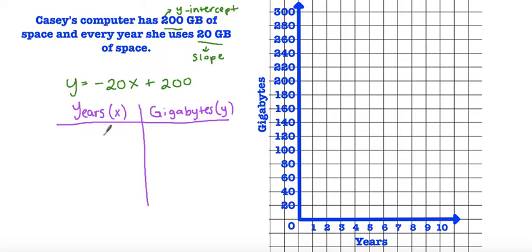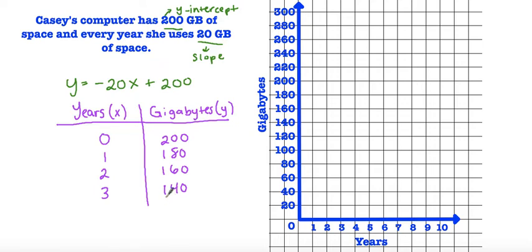So at 0 years, when she first got her computer, it had 200 gigabytes. After 1 year, she used up 20 gigabytes, so it's now at 180. And after 2 years, she used an additional 20 gigabytes, so it would now be at 160. After 3 years, it would be at 140, and so on.